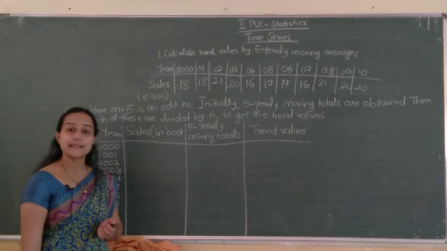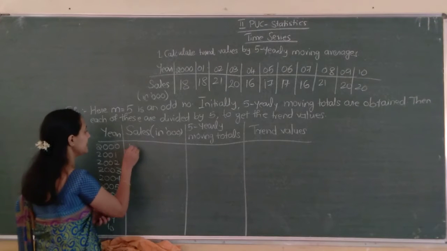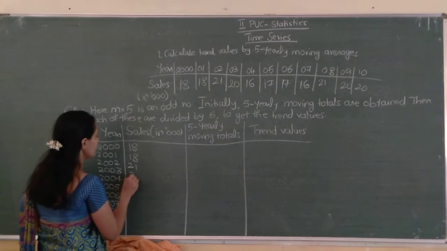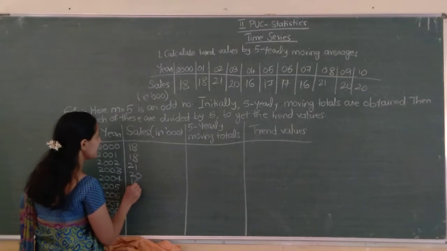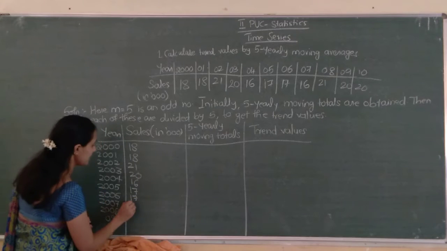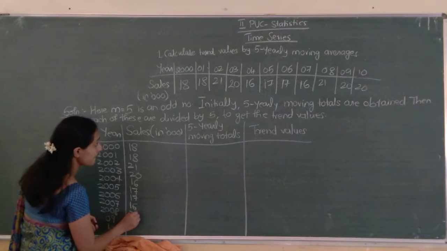Next sales: 18, 18, 21, 20, 16, 17, 17, 16, 21, 20, 20.